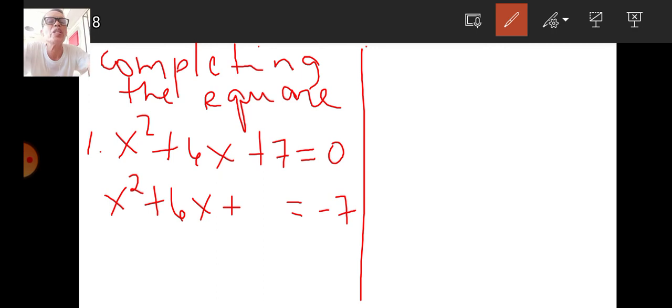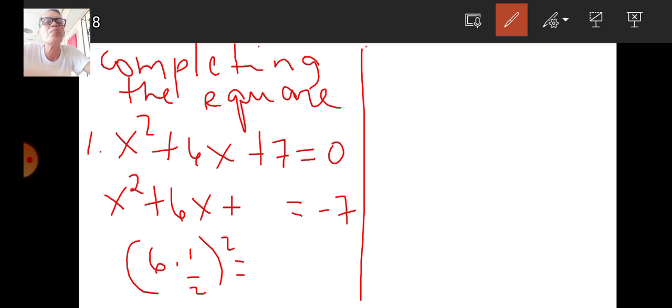To complete the square, you are going to multiply the x term by 1/2 then square. So the x term has a numerical coefficient of 6. So that is 6 times 1/2 squared, which is equal to 6 divided by 2 is 3, 3 squared equals 9.